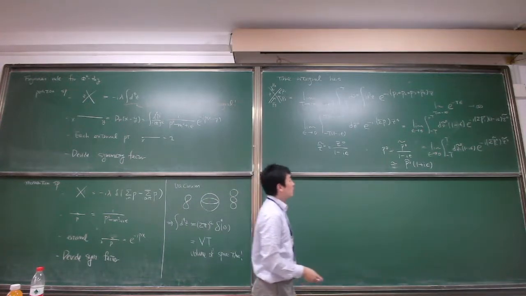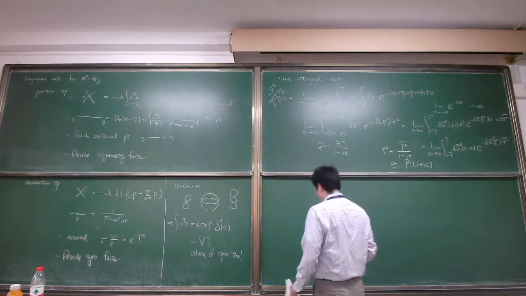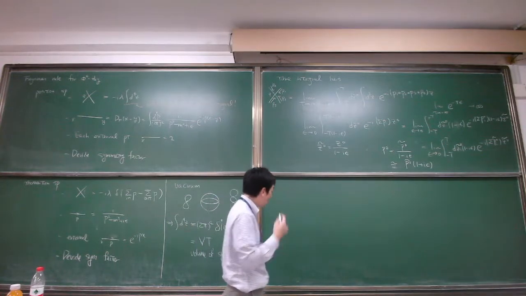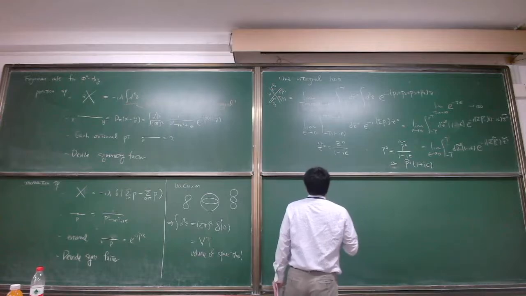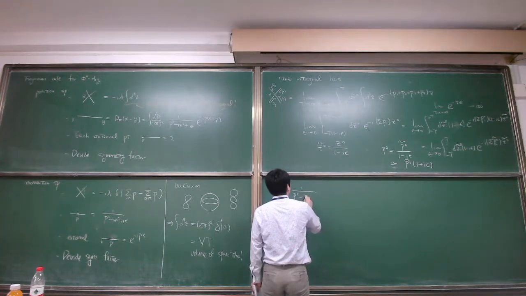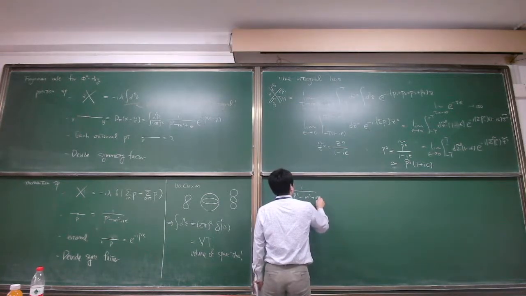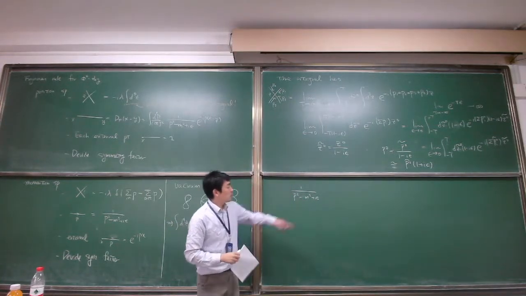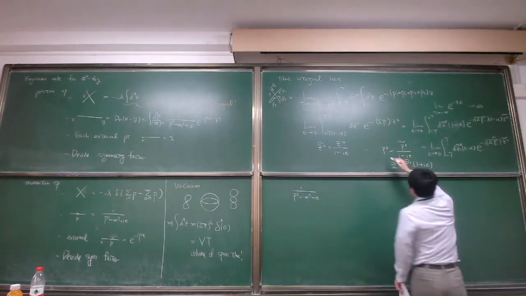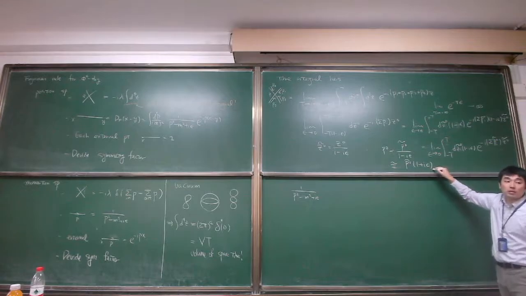And so recall the final prescription, when you have the propagator p squared minus m squared plus I epsilon, this I epsilon really comes from just shifting p0 to p0 times 1 plus I epsilon.